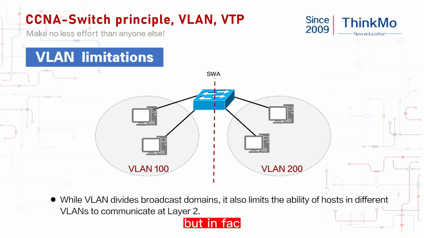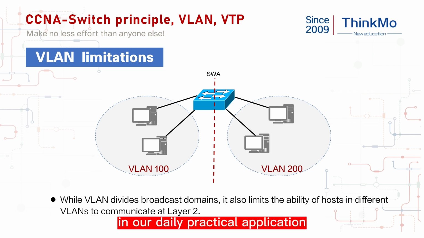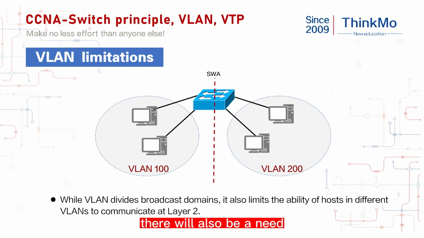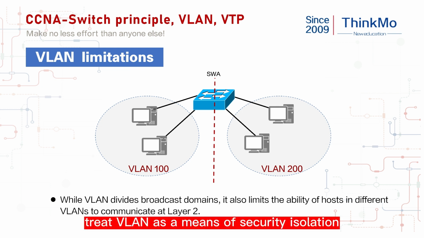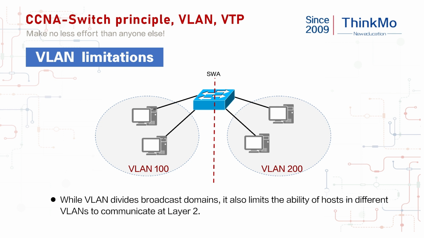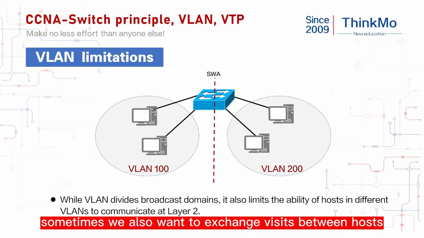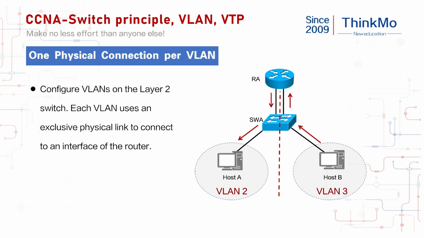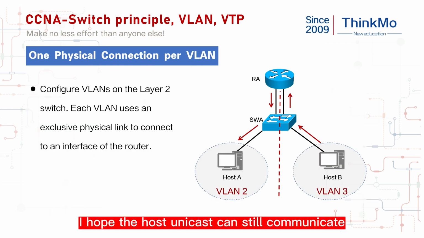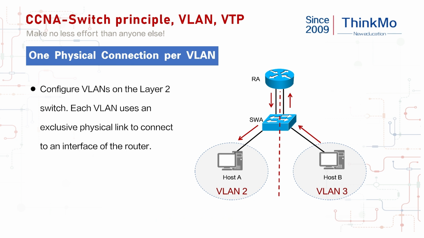But in fact, in our daily practical application, there will also be a need for mutual access between hosts. We tend to treat VLAN as a means of security isolation, but sometimes we also want hosts to exchange visits. That is, I hope host unicast can still communicate, and we want more to suppress its ability to broadcast.